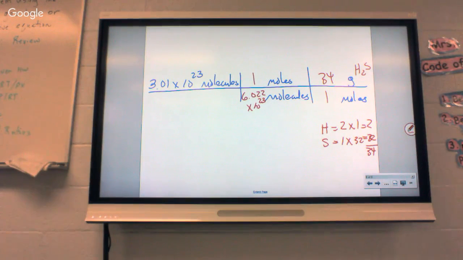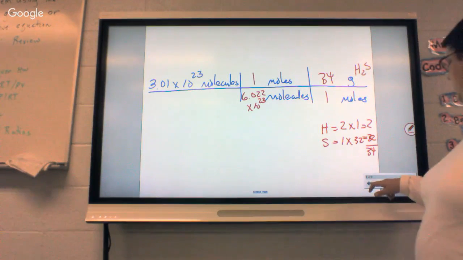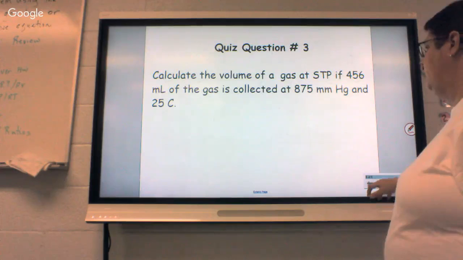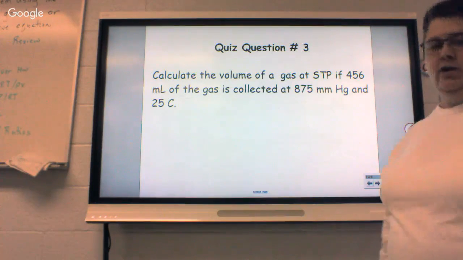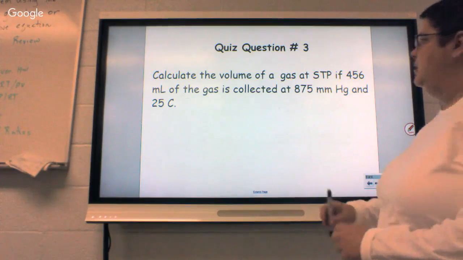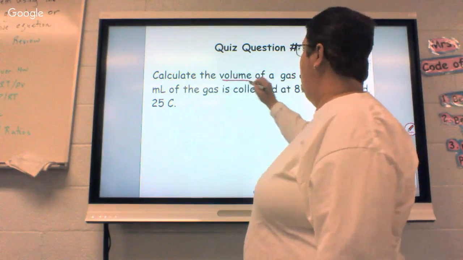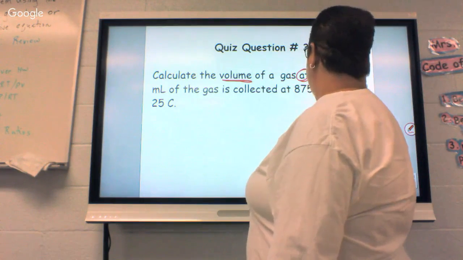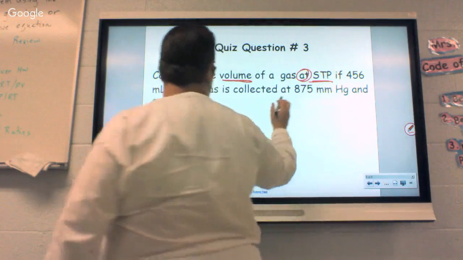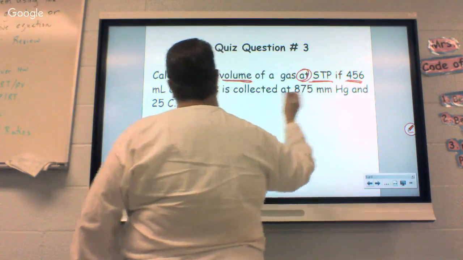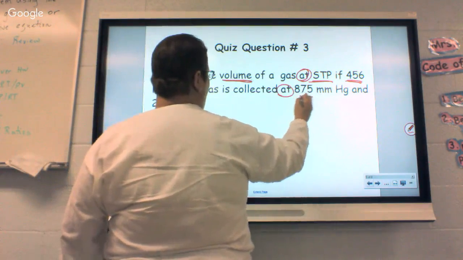All right. So if you missed number 1 or number 3, one of the mistakes I had to take points off for a couple of times is that a couple of people kept missing their volumes. They kept putting it with the wrong thing. When you read the question on the test, see how it says calculate the volume at STP, and the volume is at 875.